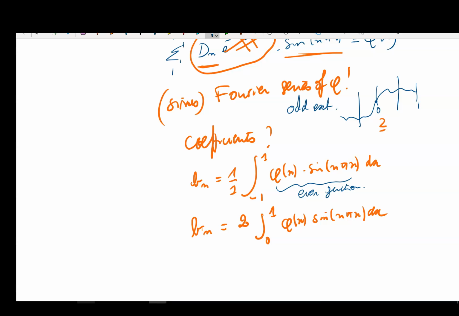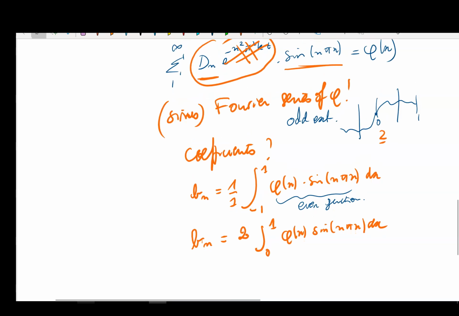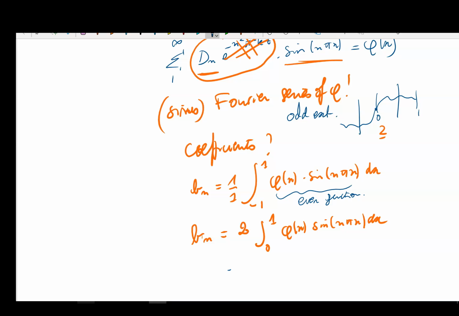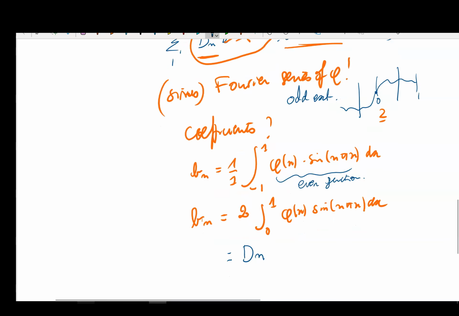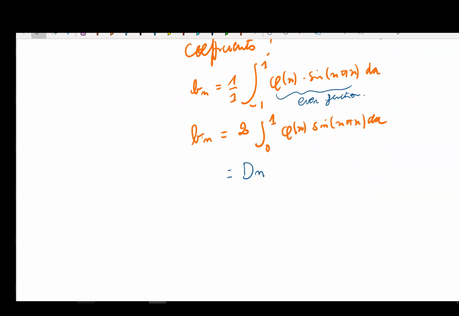And so this is it. The b_n coefficients for my function phi, my initial condition, correspond exactly to the d_n coefficients. That's what we were looking for, the last thing we needed to find.